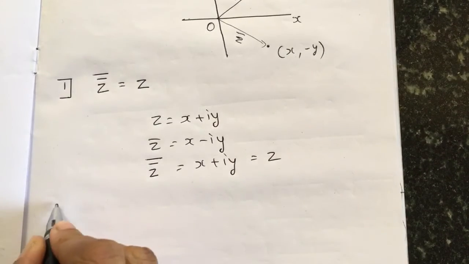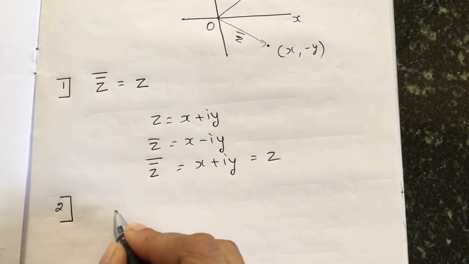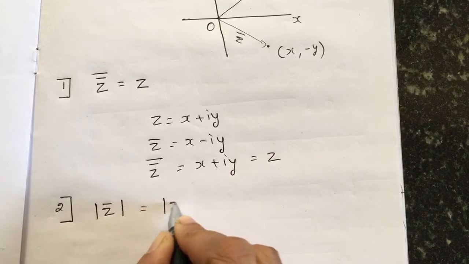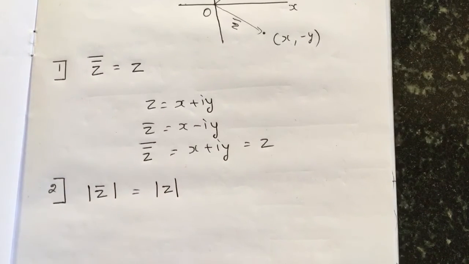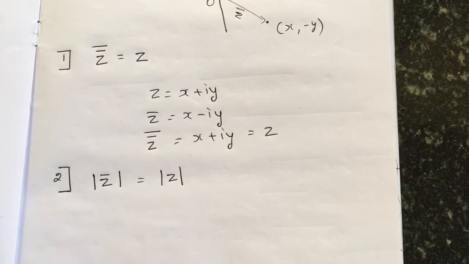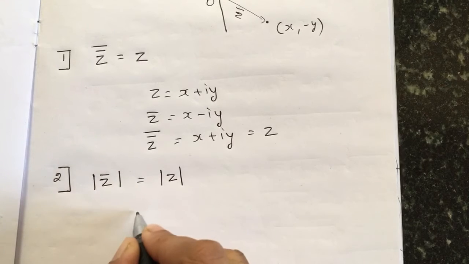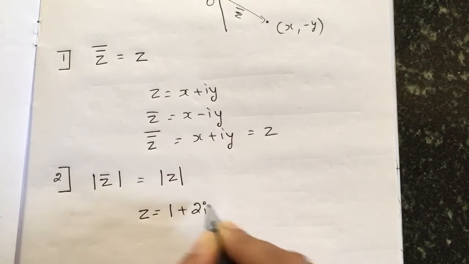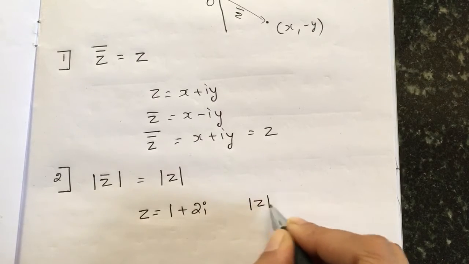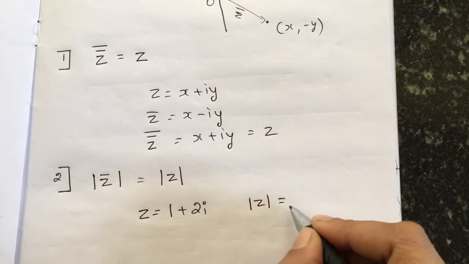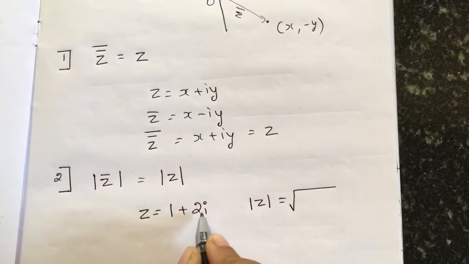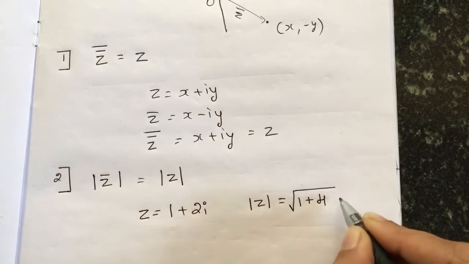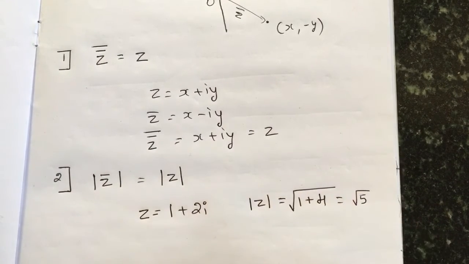Now the second observation is mod of z bar is same as mod of z. This is true for all z. For example, if I have z equal to 1 plus 2i, then I know how to find the modulus of z, that is root of x square plus y square. Here 1 square plus 2 square is 5, so it's root 5.